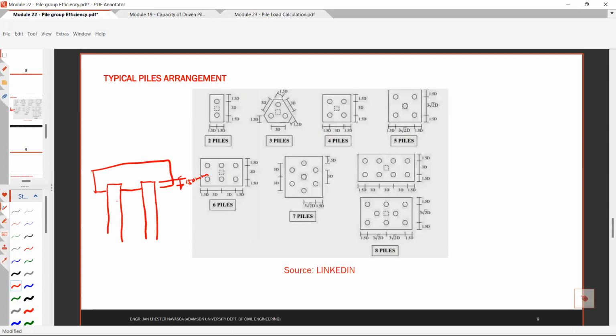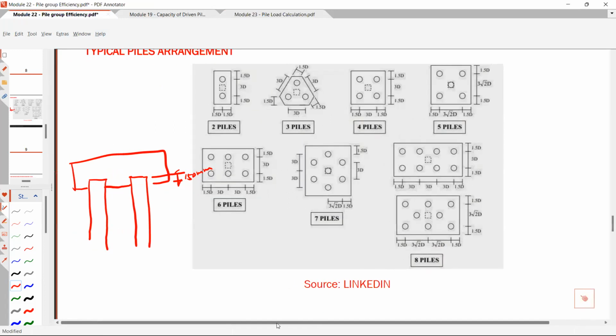So, pwede nyo i-question yung ginagawa sa site. Okay. Yung start po ng clear cover sa ilalim is dito mag-start sa top ng embedment ng piles. So, dito mag-start yung 75 mm. Dito mag-start yung 75 mm. Okay.